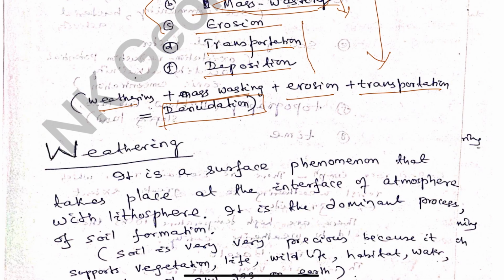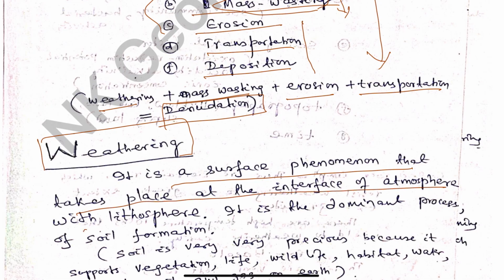Now let us discuss weathering in detail. Weathering is a process of breaking down of rocks in their own place. It is a surface phenomenon that takes place at the interface of atmosphere with the lithosphere. It is a dominant process of soil formation.